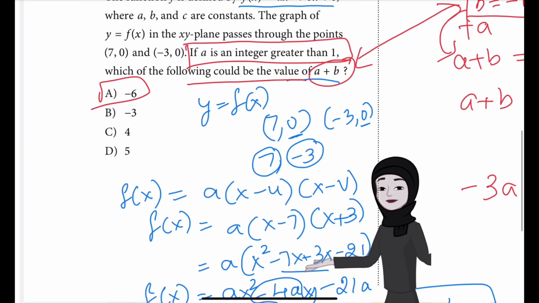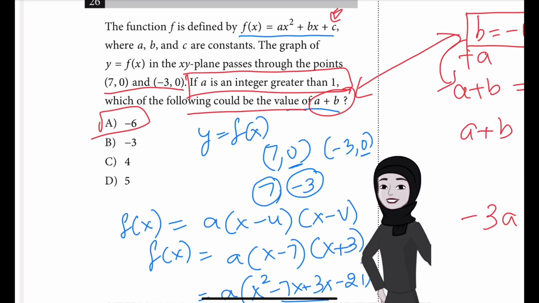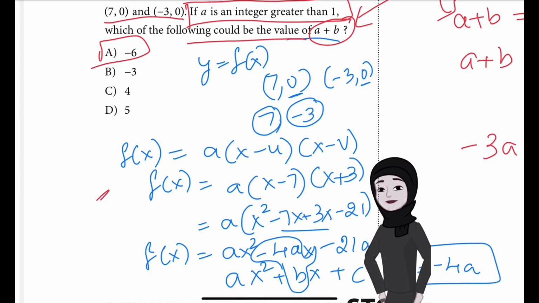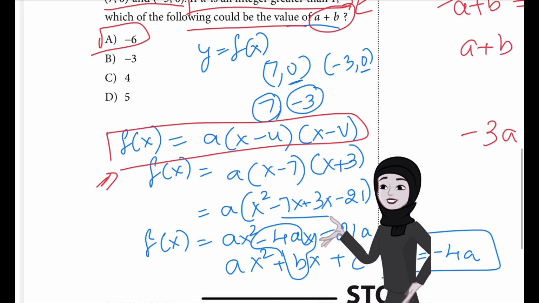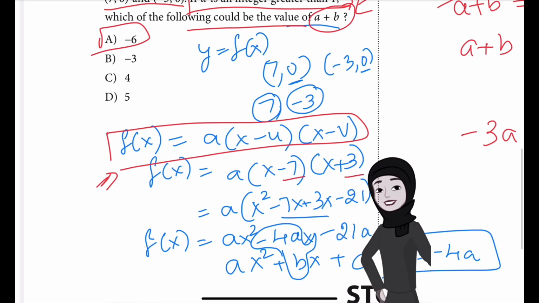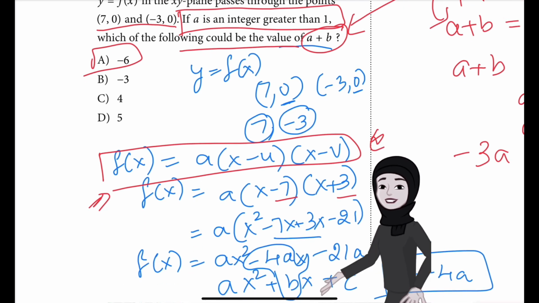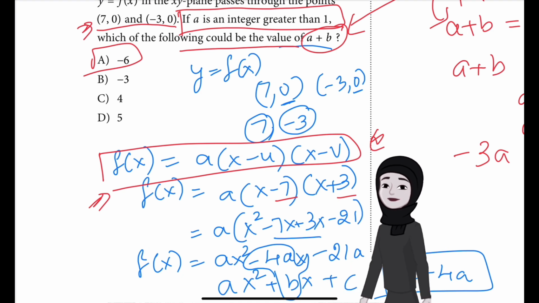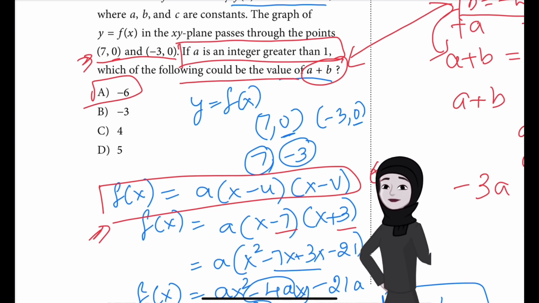So once more, to revise: first of all, we have been given the quadratic function ax squared plus bx plus c, and it passes through the points (7, 0) and (-3, 0). Then we took the factored form of the quadratic and substituted the values of u and v, because those are the points it's passing through, and the output is 0.